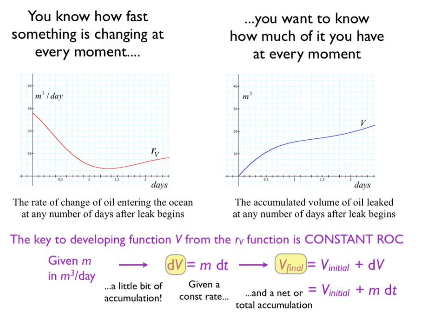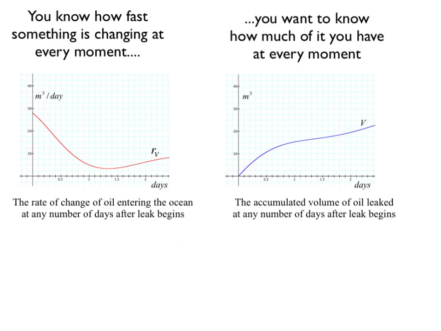All right. So last time in class we looked at just one little interval, right? We took a little change in time and we looked at how we could create the accumulated volume of oil in that little time. And then we said, well, if we did it this way, it would take forever, right? Because how many little changes in time are there from 0 to 2 days? Like millions, or thousands at least.